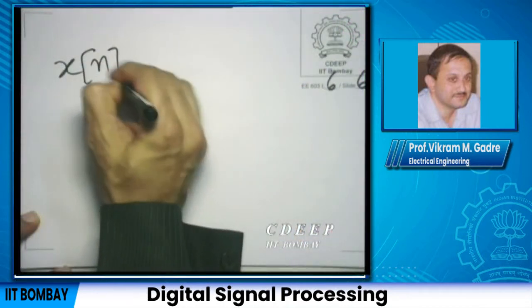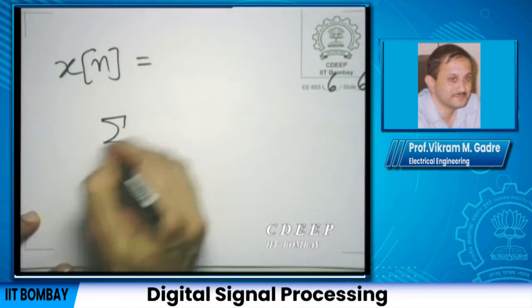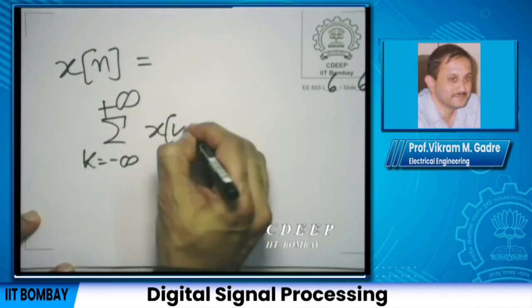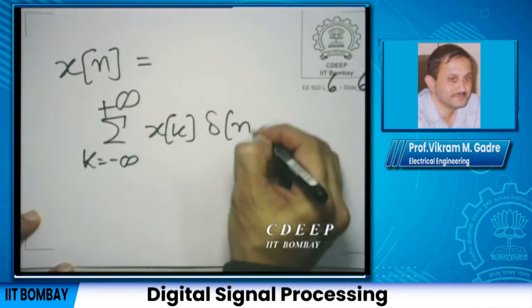So, what we are saying in effect is that x of n, the whole sequence x n, is a summation over all integer k, x k delta n minus k.